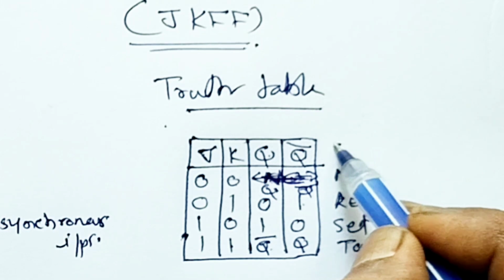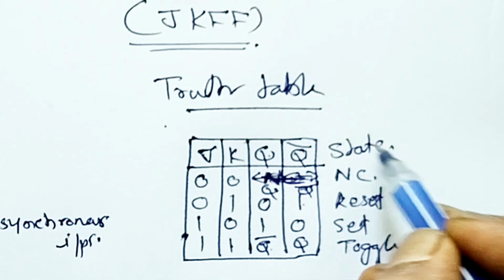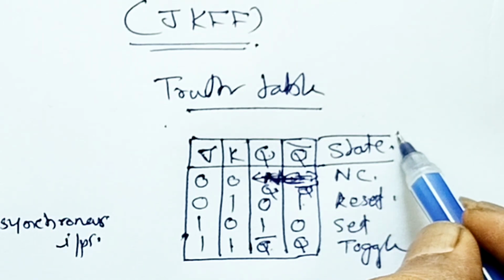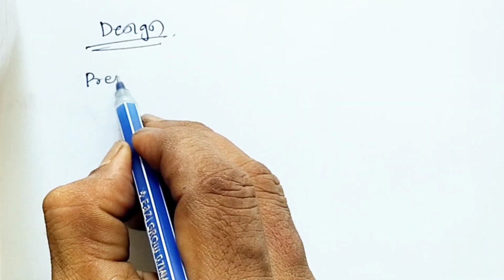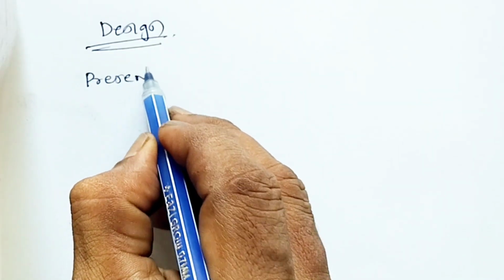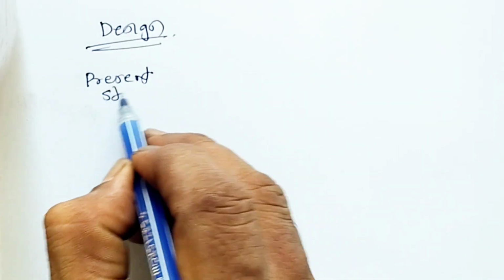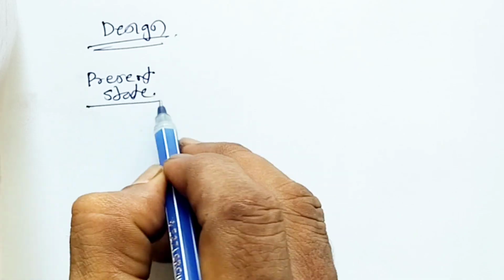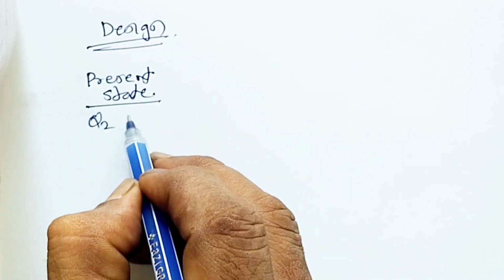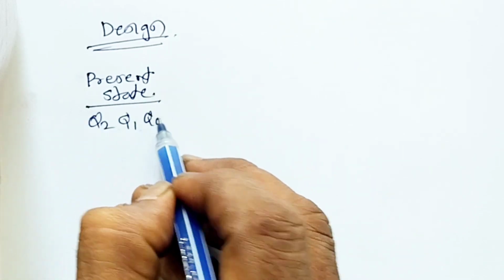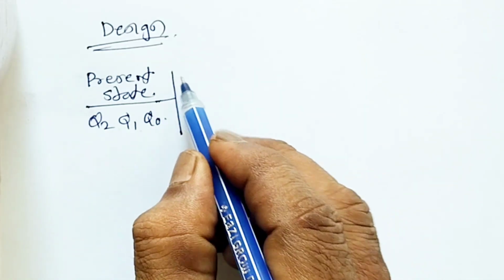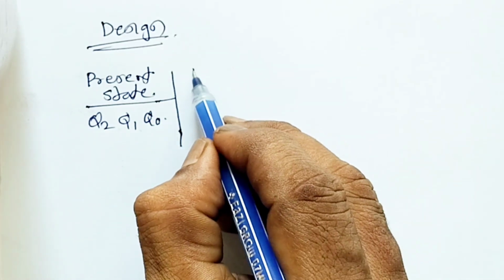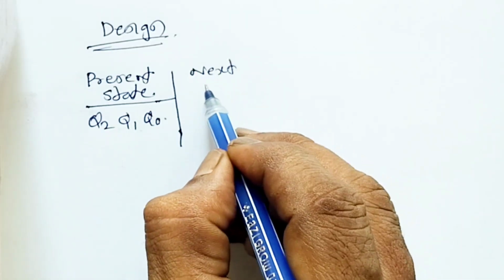Now let's proceed with the design of a synchronous counter, and for that, at first we need to write the present state. For the present state, we have 3 flip-flop outputs Q2, Q1, Q0, where Q2 is the MSB and Q0 is the LSB. This is followed by the next state combination, and they are Q2 dash, Q1 dash, and Q0 dash.